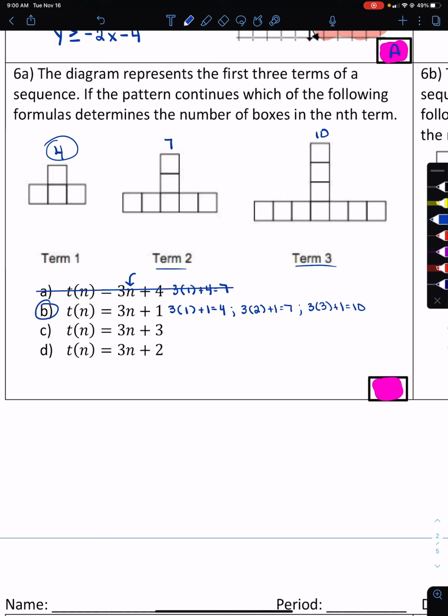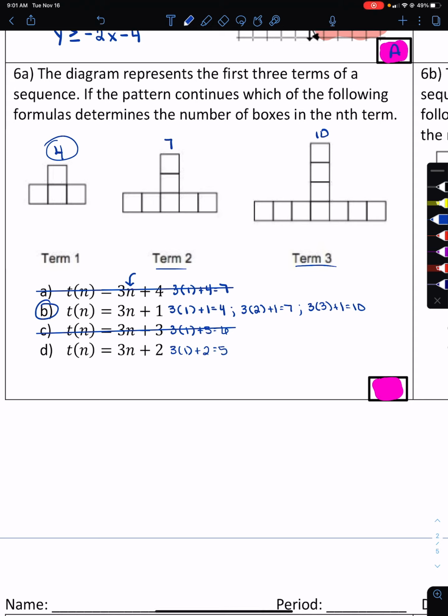Again, using our answers to help us, but checking still. So if I have 3 times 1 plus 3, 3 times 1 is 3, plus 3 would give me 6. That is not what I need, so it's not going to be that one. And then this one here, if I did 3 times 1 plus 2, that gives me 5.